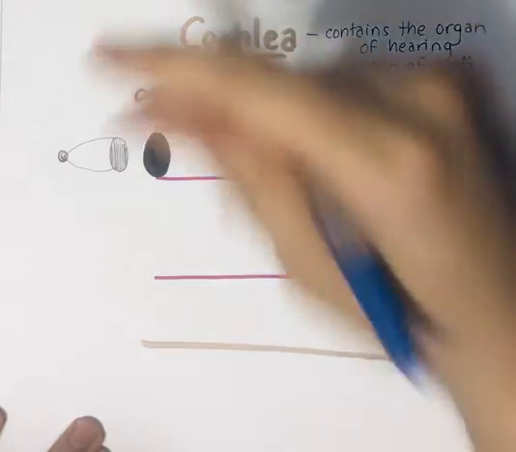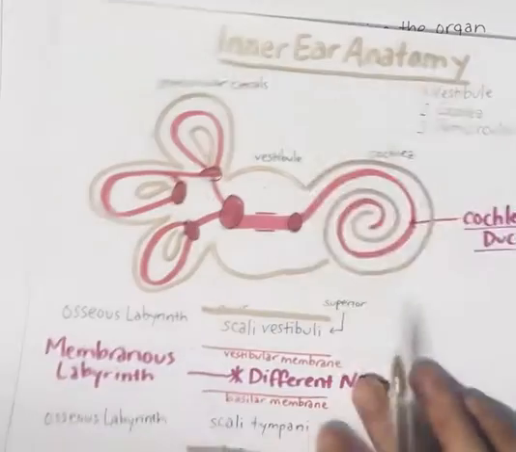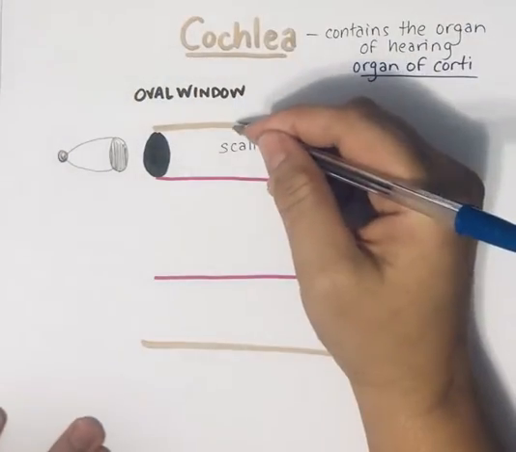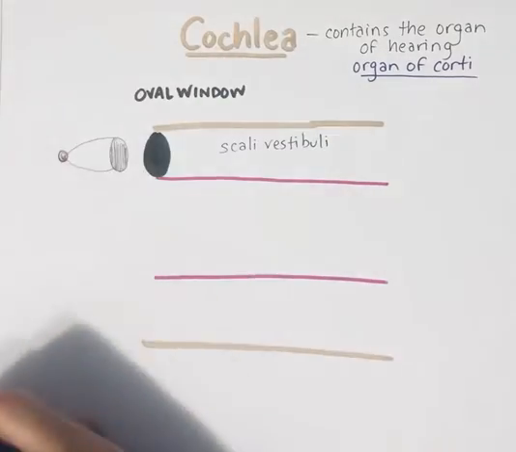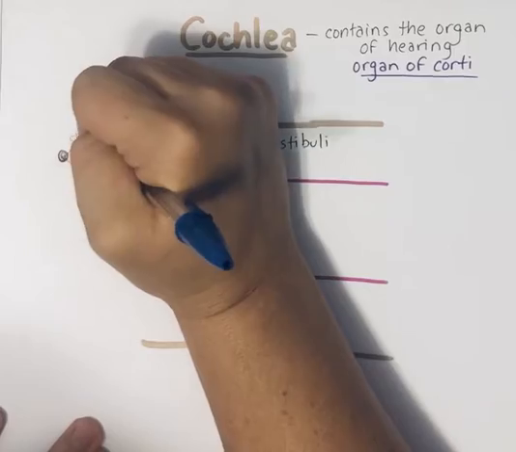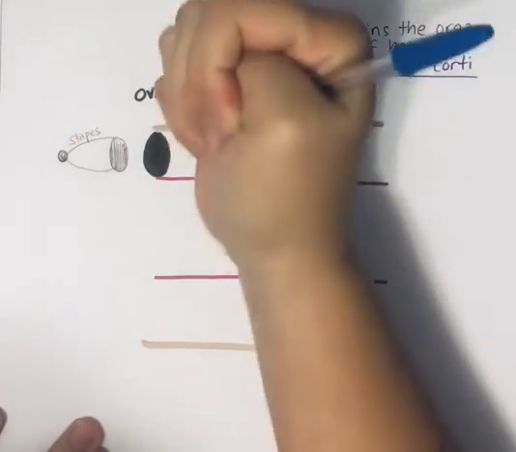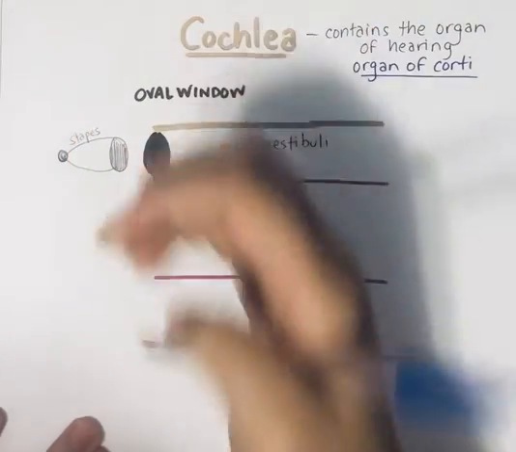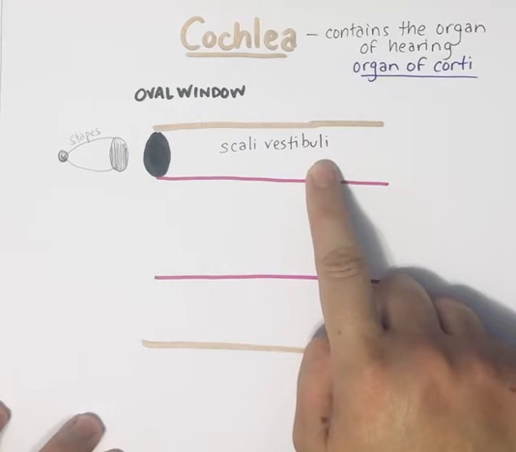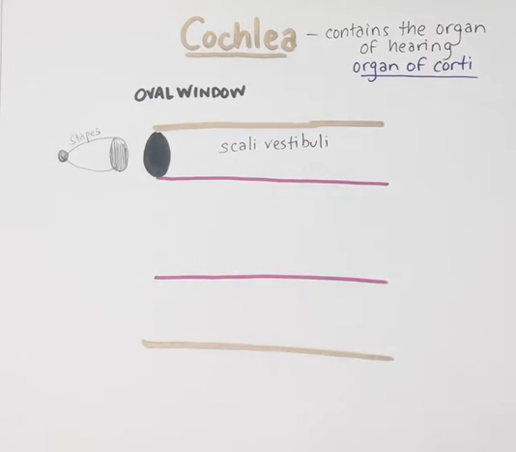And it's easy to kind of think about when you say the vestibule. So scala vestibule. So vibrations from the tympanic membrane vibrate the stapes, and the stapes foot plate is going to basically push onto the oval window, which is going to vibrate the perilymph in the scala vestibule.